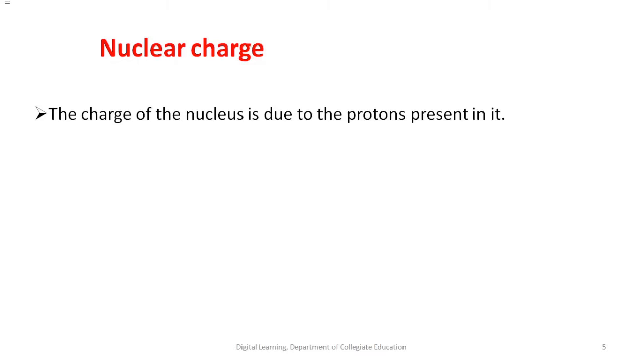The nucleus contains positively charged protons and neutrally charged neutrons. Therefore, the total charge of the nucleus depends only upon the charge of protons. Therefore, the nucleus has a positive charge.